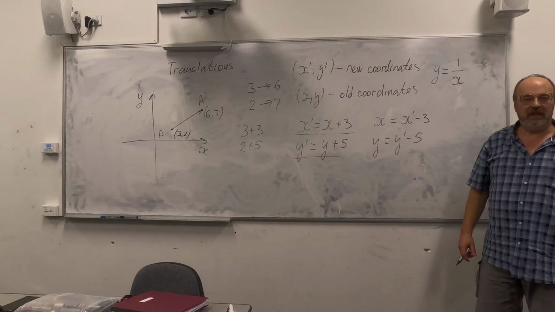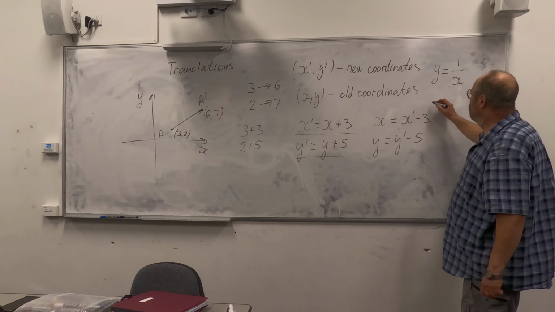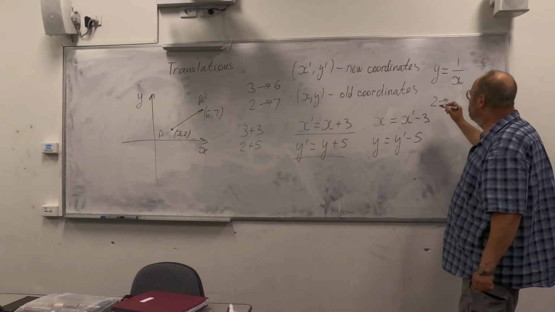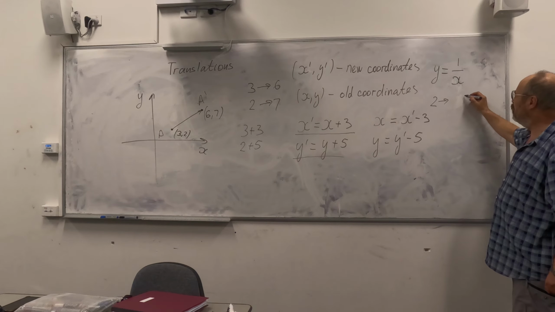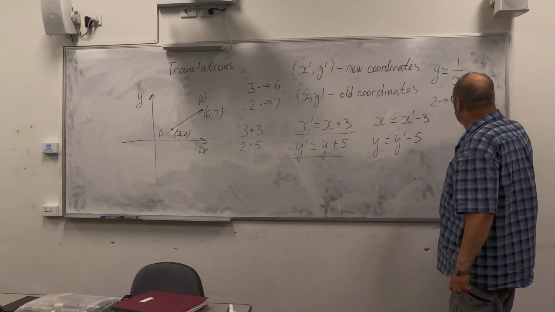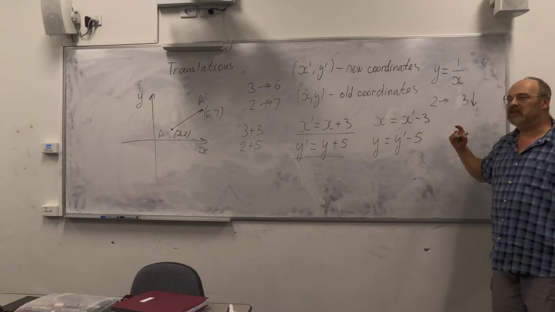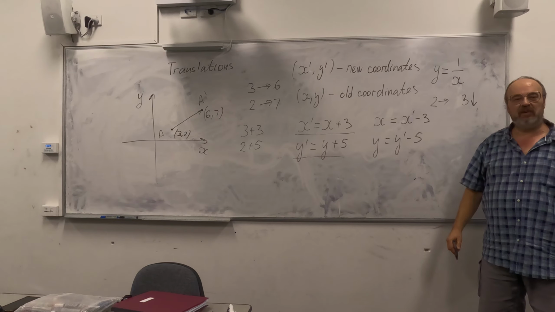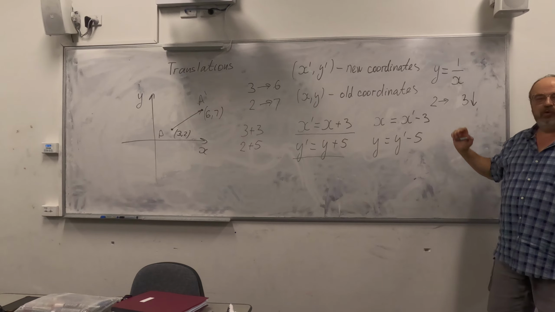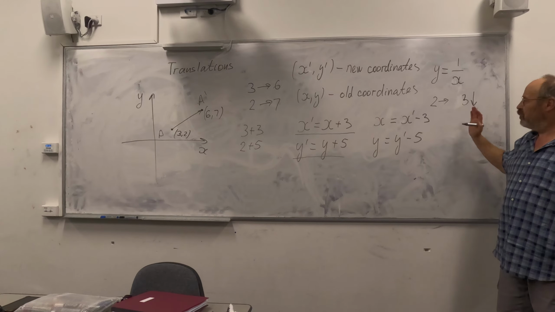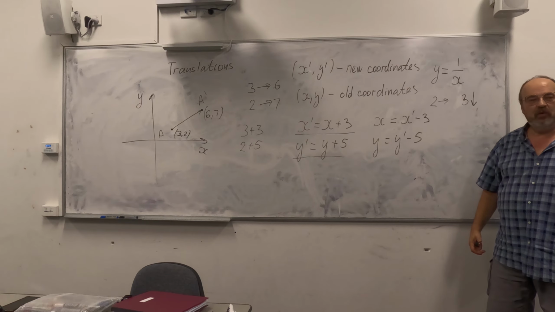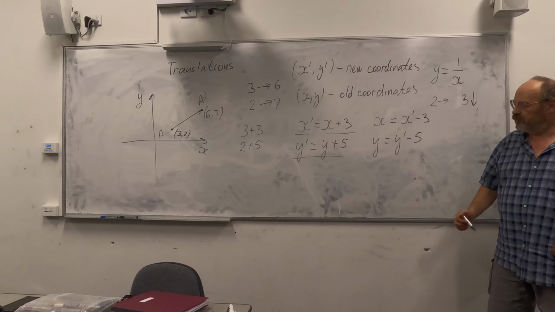We translate the function y equals 1 on x 2 to the right and 3 down. And let's find what the new equation of the graph will be.